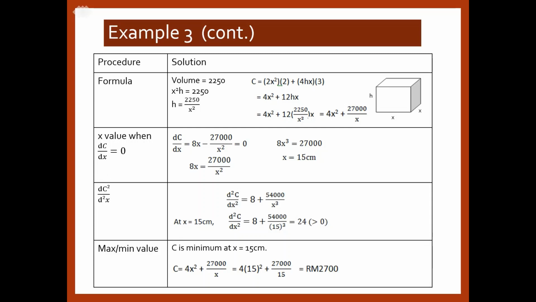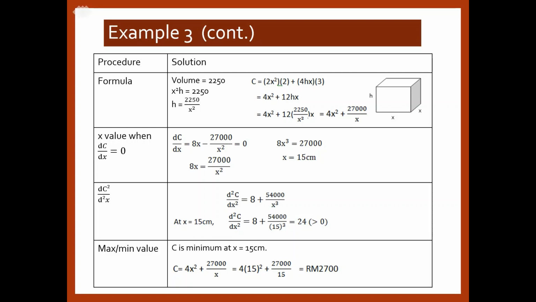You will get d squared C over dx squared equal to 8 plus 54,000 over x cubed. Substitute x equal to 15 and simplify. You will get d squared C over dx squared equal to 24, which is greater than 0. Thus, C is minimum at x equal to 15 centimeter.